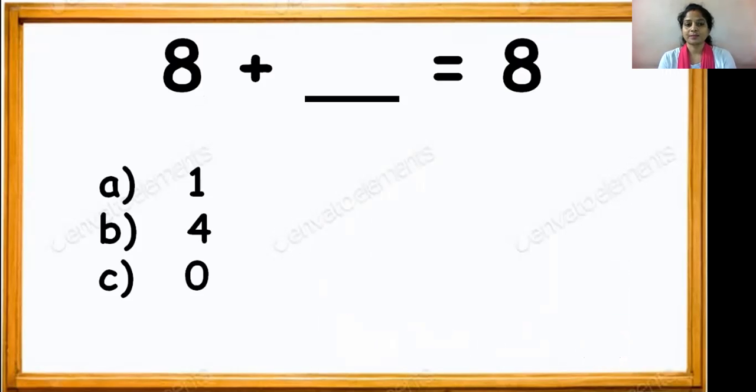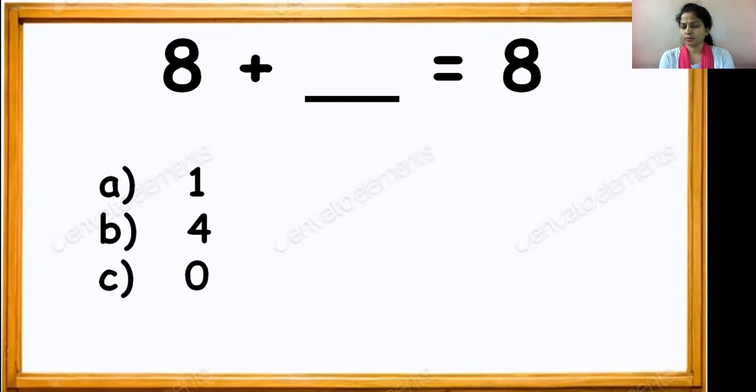Okay, let's move on to the next question. Read the question. 8 plus dash. Dash means you have to write here from these options, either 1 or 4 or 0. So 8 plus dash is equal to 8. Now here is one thing.